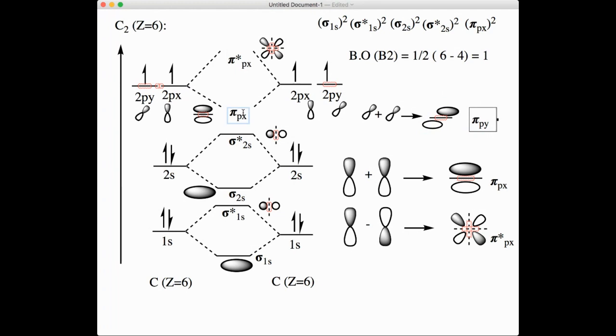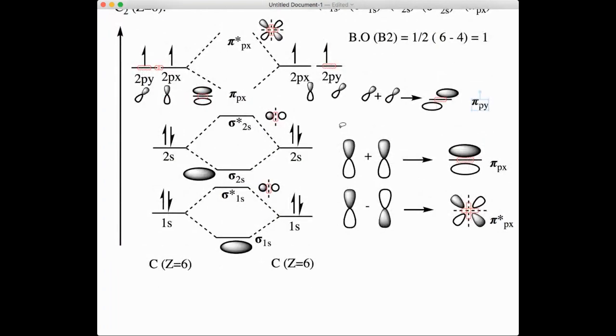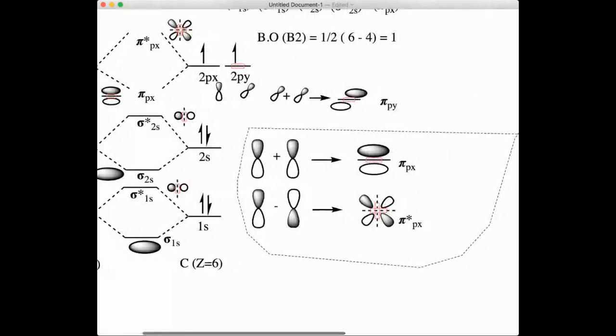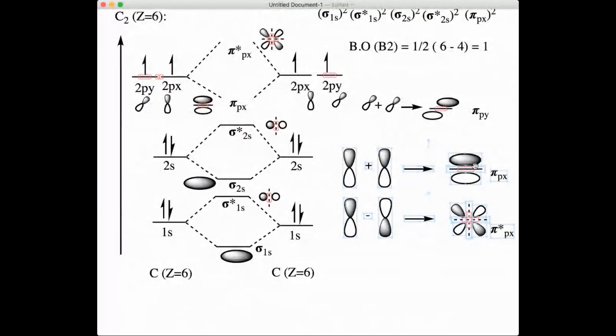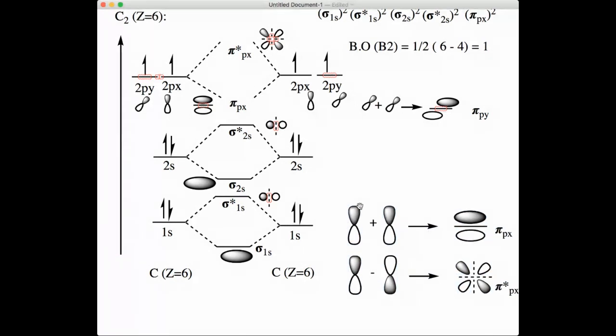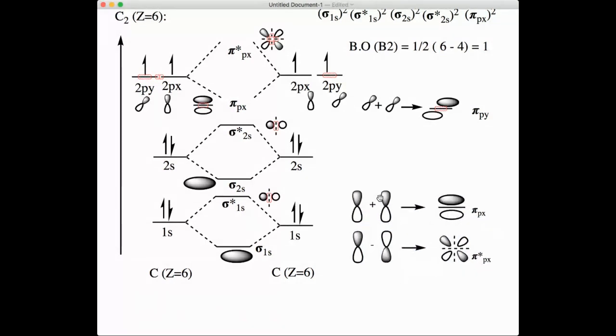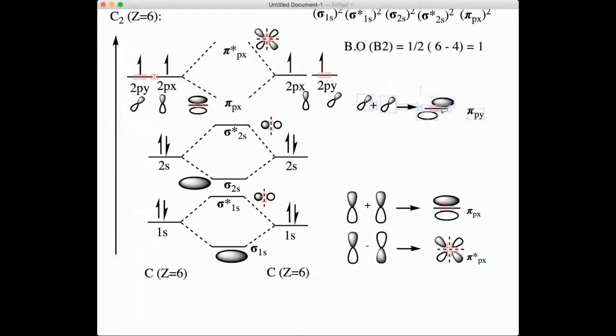And the anti-bonding would be exactly the same thing, just with a nodal plane, right? So let me combine now out of phase of the py, so everybody knows what I'm doing.